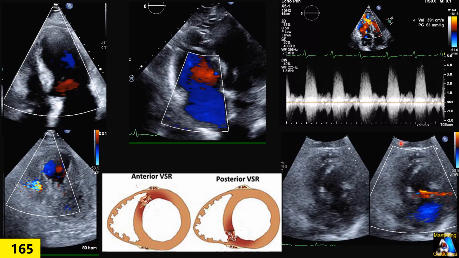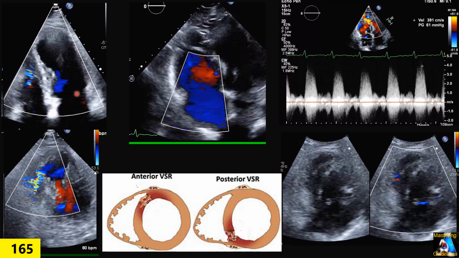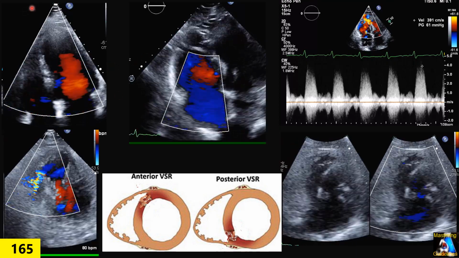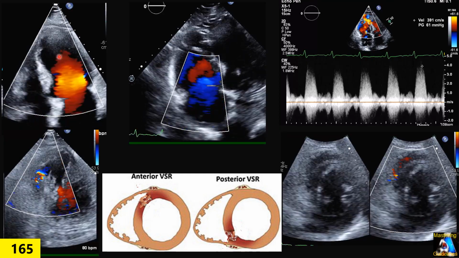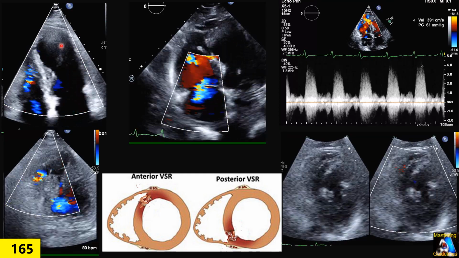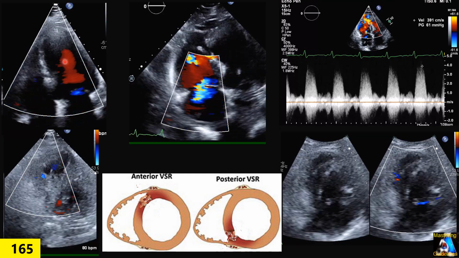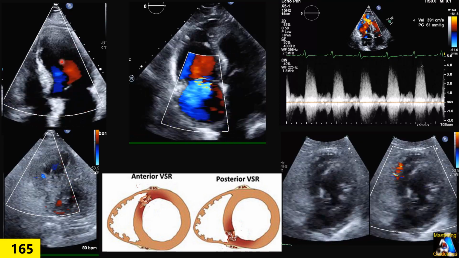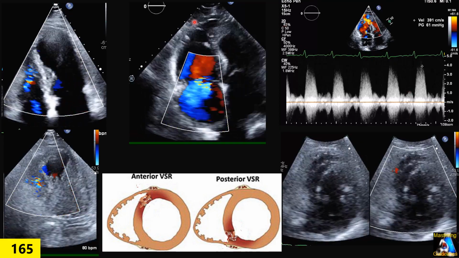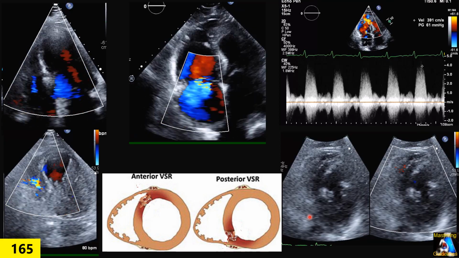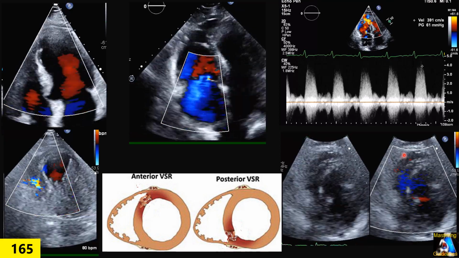Always put continuous on that jet whenever you have any turbulence or jet inside of the intraventricular cavity, any of them. You have to put the cursor continuous and detect Doppler on that jet.